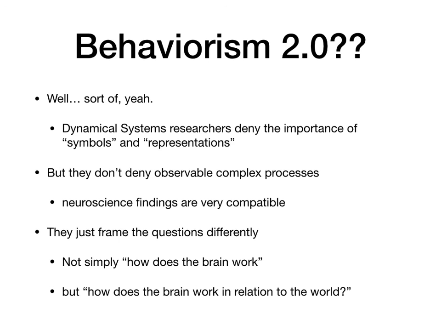So they're very friendly to the idea that we need to ask deeper questions. But the focus is on these broader synergies with the other constraints of the world. So, not just how the brain works, but how does the brain work in relation to the world? And that's simplified as, what is the brain for?